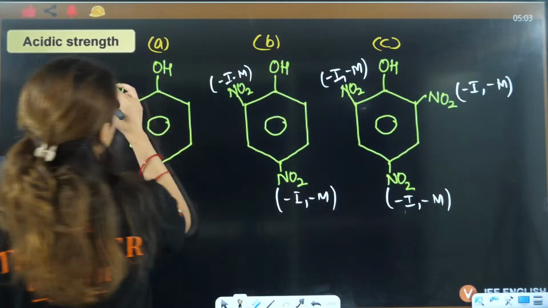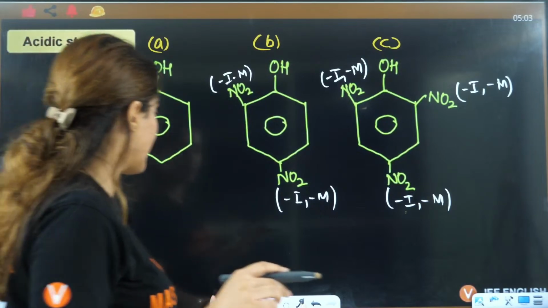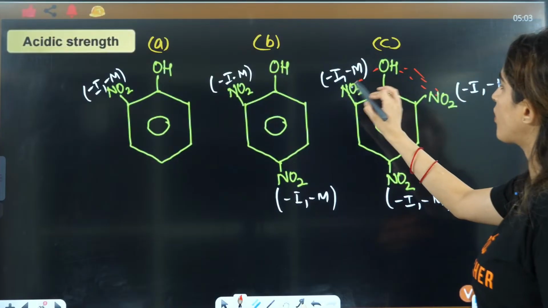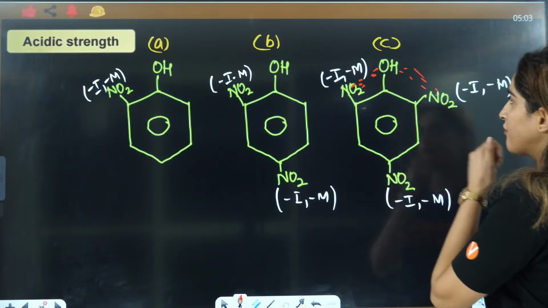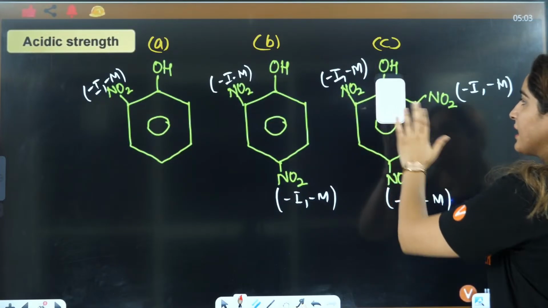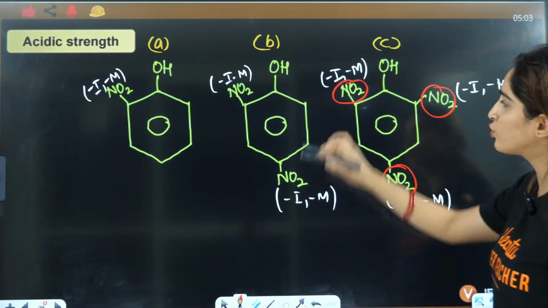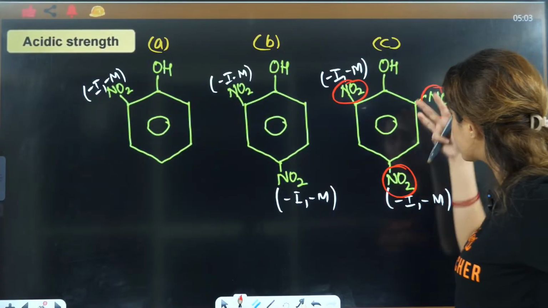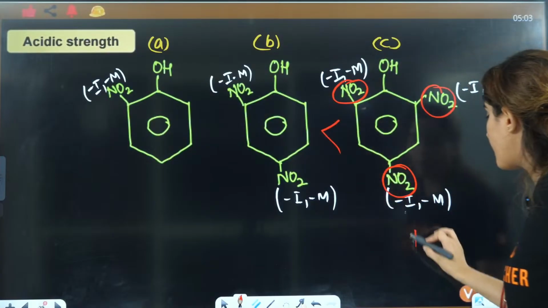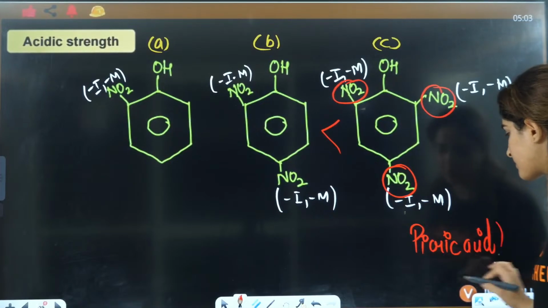Now can you see one thing? See, intramolecular hydrogen bonding is there. Here you have two intramolecular hydrogen bondings possible. But what is happening here, because of the 3 NO2 groups here, they are so electron withdrawing that this will become the most acidic, picric acid, right?